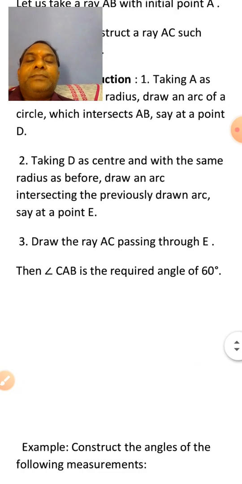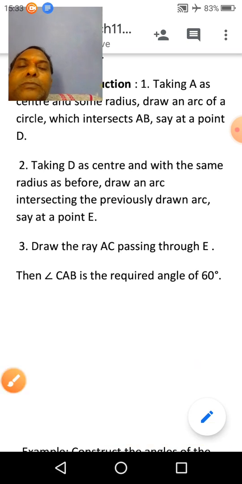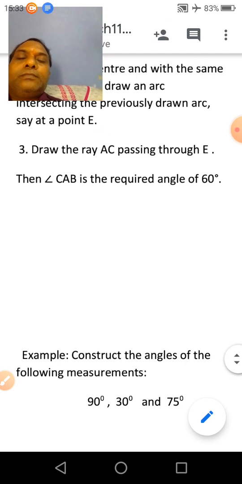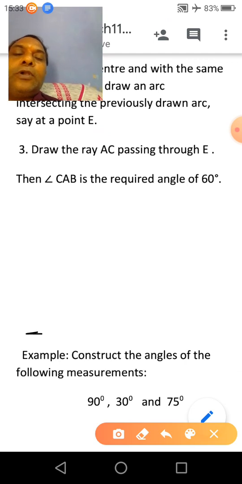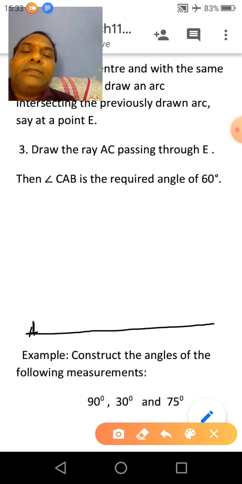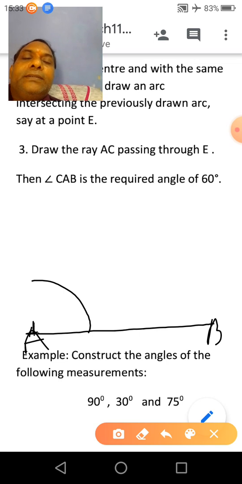See here. Draw a line, taking one point as center and an arc of any radius. Draw an arc which intersects the given ray AB at point D, let.